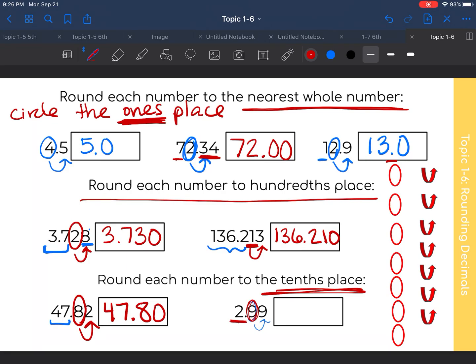So the whole entire place value, it's 2 and 99 hundredths. When we round up, it becomes 3, and then all digits behind, zeros their name. Because the 9 bumps the other 9 up, and the other 9 has nowhere else to go, so it has to bump up that 2, so it becomes 3 wholes.